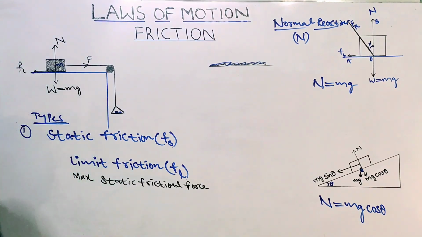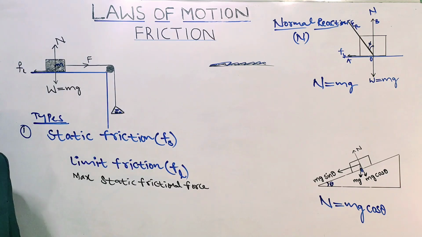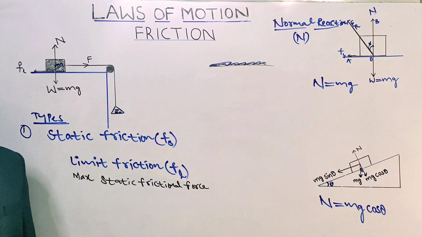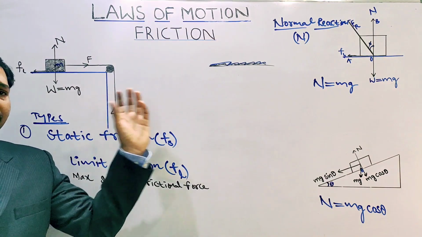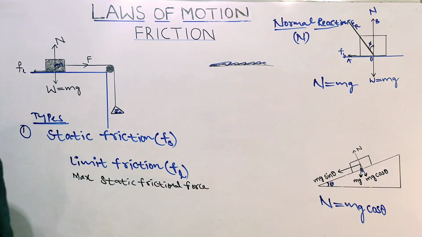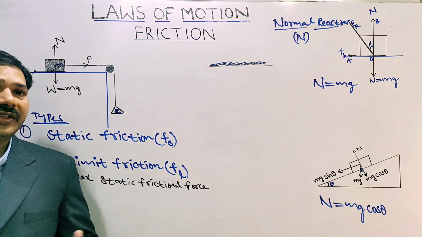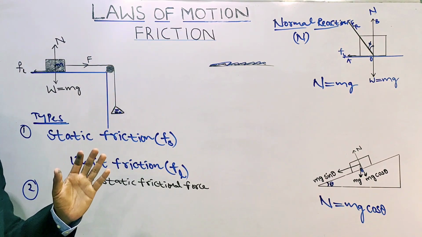Next, I add more load. What happens? The body slides on the surface, like an interlocking system breaking, and the body is in motion. That type of friction is called dynamic friction or kinetic friction, where the body slides on the surface.